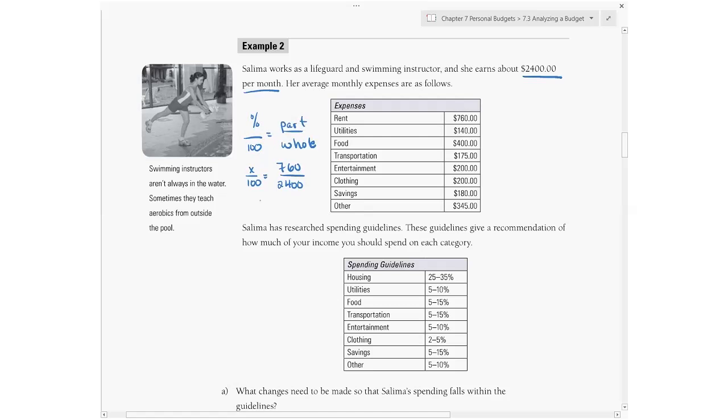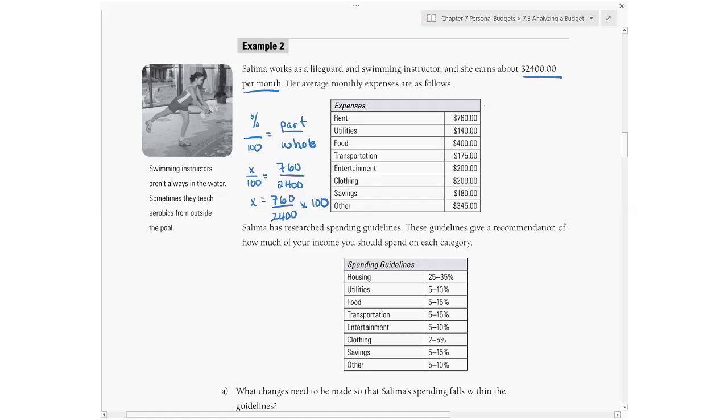And so x is going to be equal to 760 divided by 2,400 times 100, or 760 times 100 divided by 2,400. This is probably how you're used to doing it. You divide the part by the whole and then multiply by 100. Remember, it doesn't matter if you multiply or divide first in this situation. So this is what I'm going to do for each one of these to find out what percent it is.